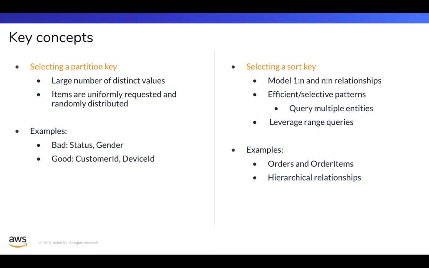Selecting the primary key is the most important thing, and whenever you're selecting a primary key, you have to think about what large number of distinct values are produced within the set of entities that you have, and that items are uniformly requested and randomly distributed. What randomly distributed means is that underlying partitions are created in such a way that the items are distributed randomly.